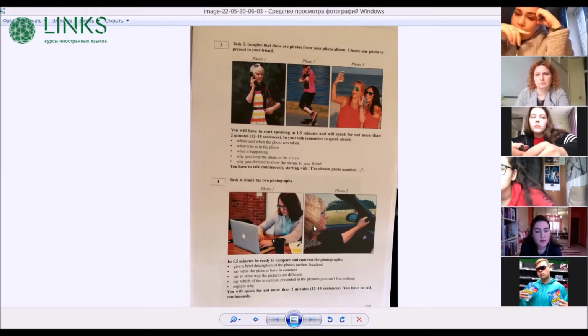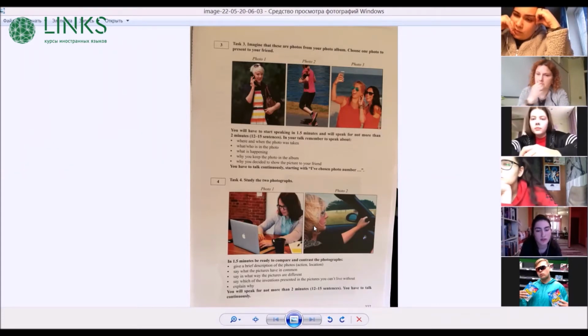So obviously in the first picture we can see that technology helps us to work no matter where we are. For example, probably the woman is not even at her place of work, she's probably at home, but she still is able to fulfill her functions as a worker.